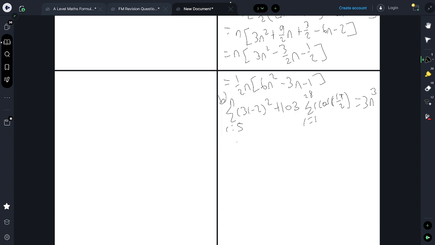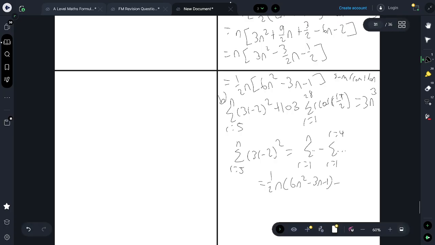So let's deal with the first sum. r is 5 to n of 3r minus 2 squared, that's going to be the same as the sum from r is 1 to n, minus the sum from r is 1 to 4 of the same thing, right? And this sums from 1 to n, and that's what we've got here. That's why we're rewriting this, to get from 1 to something. So let's substitute n in here, so that's going to be half n, 6n squared minus 3n minus 1, minus, and then substitute 4 in for n.